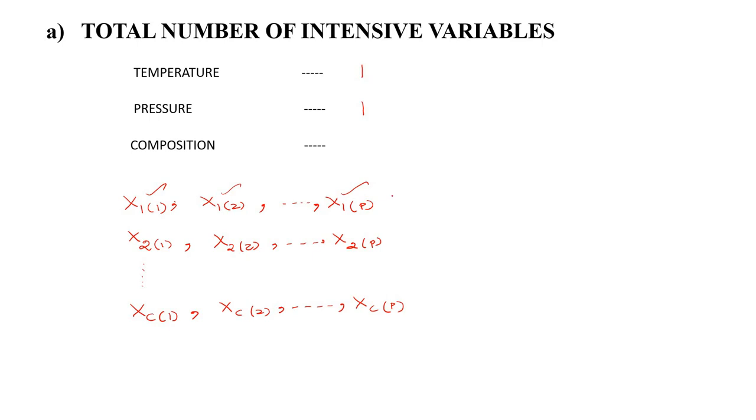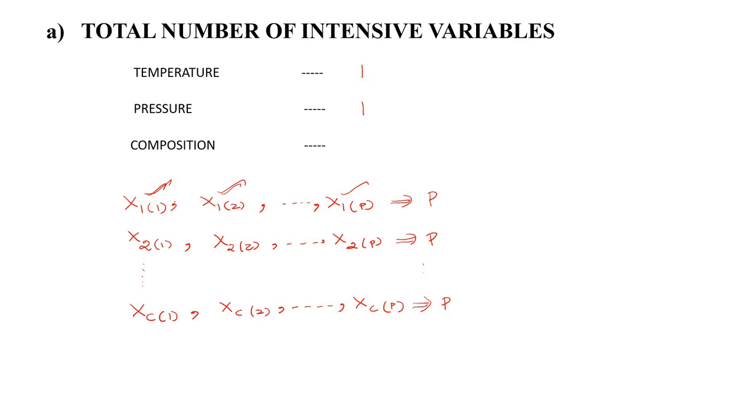Therefore for component 1 there are p variables, if you take each one as a variable. Similarly there are p variables for component 2, and for all the components we have p mole fraction terms. For component C also we have p mole fraction terms.